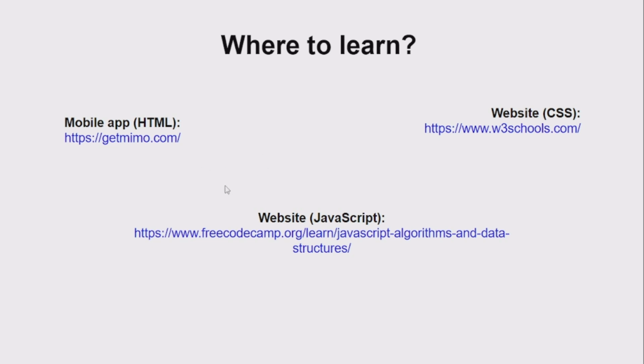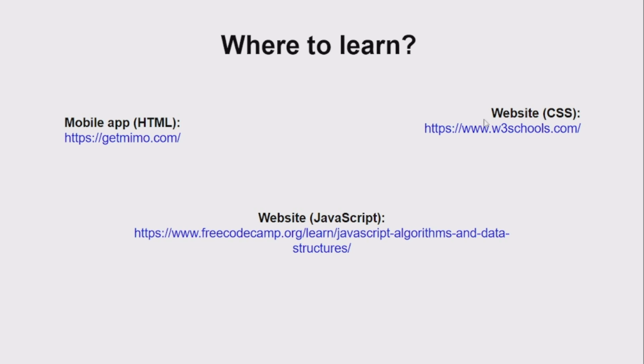The first one is for the App Store and the second is for Google Play. You can't get all the information from getmimo.com. They don't teach you from their website, they teach you from their application. That's why you need a mobile device.